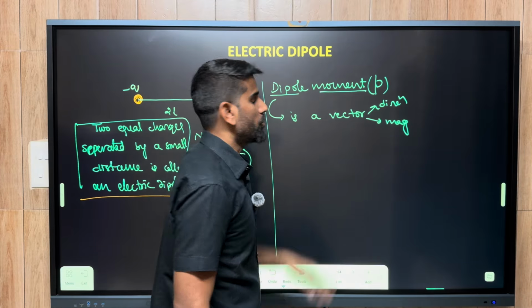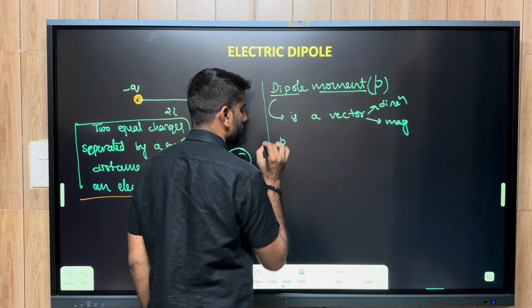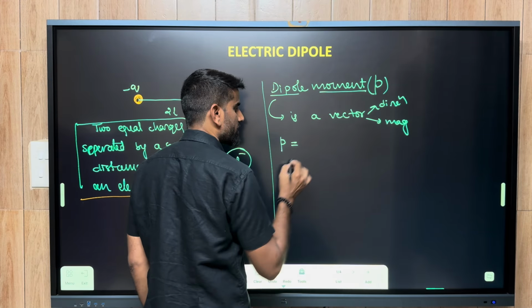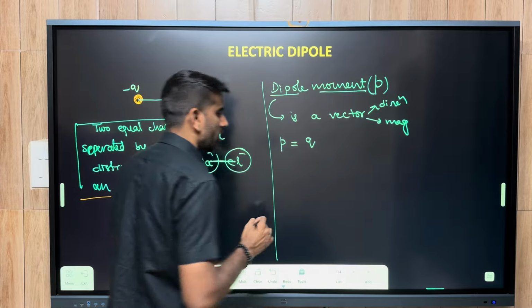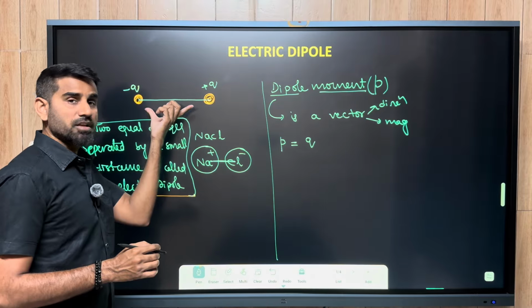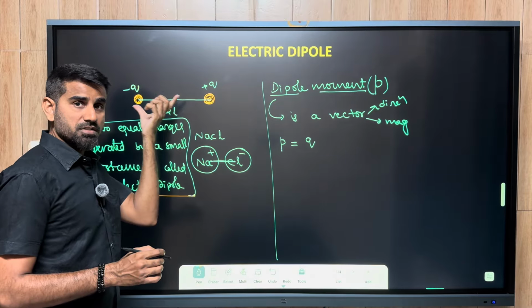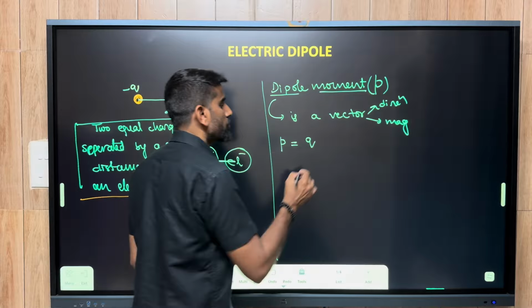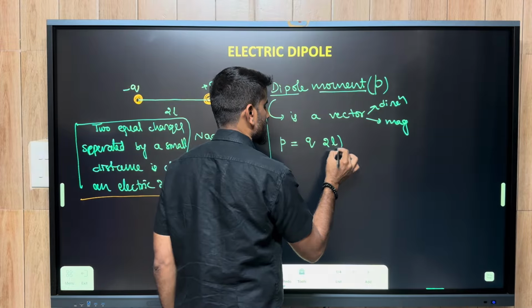Dipole moment of an electric dipole is represented by p. It is defined as the magnitude of one charge in the dipole into the separation between the two charges.